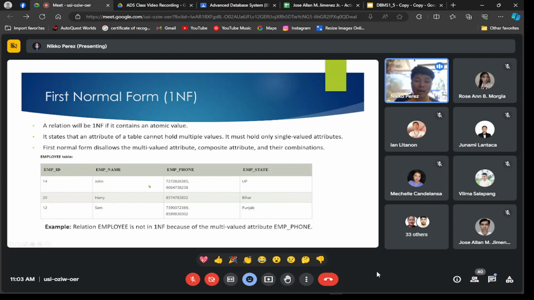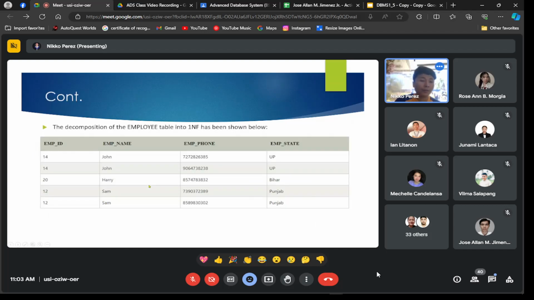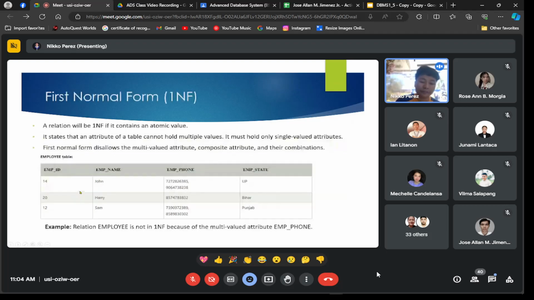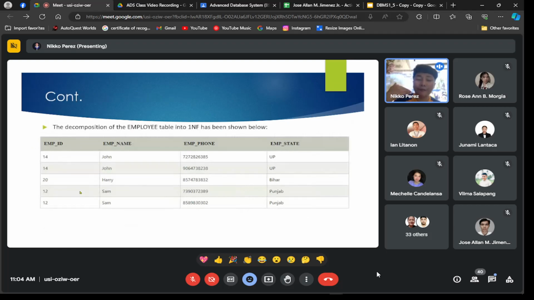What happened is that we distributed the ID, employee name, and employee state so that we can have a fixed record for each row. So it became 5 records in total, instead of 3. So this will be the first normal form rule.